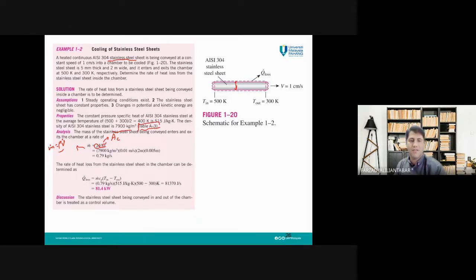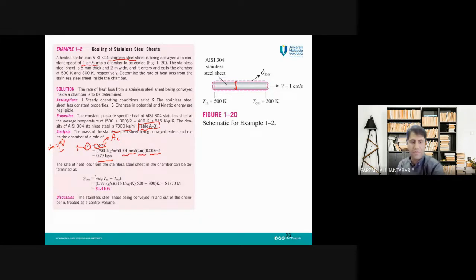So by this equation, we can calculate the mass flow rate. Rho is 7,900. V, or velocity, is given as 1 centimeter per second, and we convert to meter per second. Times the width, 2 meter, and the thickness of the sheet. Finally, m dot, or mass flow rate, will be 0.79 kilogram per second.